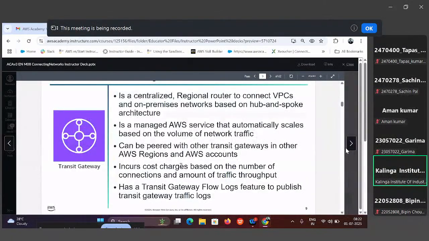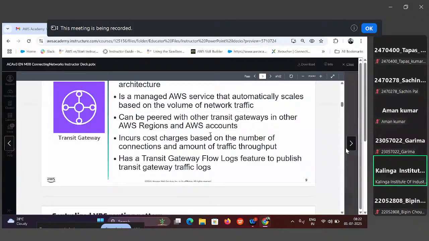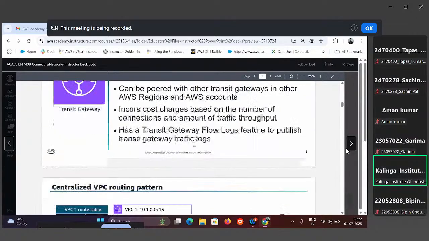Like, it will connect to multiple VPCs, so definitely the cost will be very high, and you also have to maintain that throughput. The cost will vary based on the number of connections. It also has Transit Gateway Flow Logs, which publish the transit gateway traffic logs.